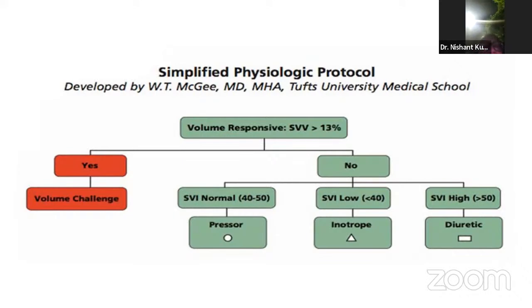You'll give an inotrope. If the SVI is normal, that means that the heart is okay. The problem is with the pipes. So you'll give a pressor, vasopressor. And if the SVI is high, that means the SVR is high. Then you have to give a diuretic. That is how with the machine, and on the basis of these parameters, you can decide what to give when. Next, please.